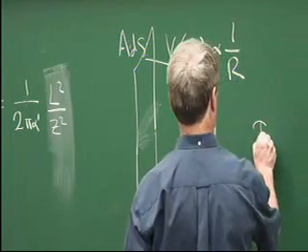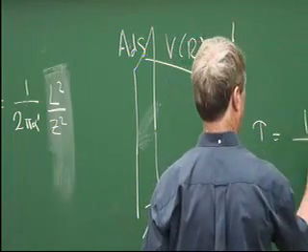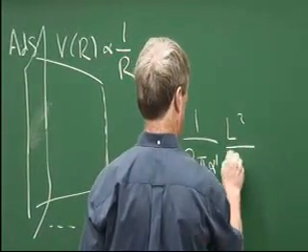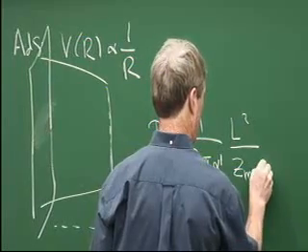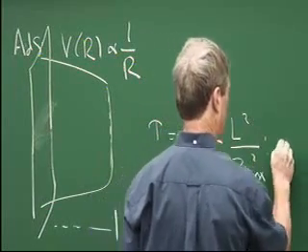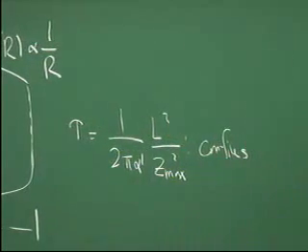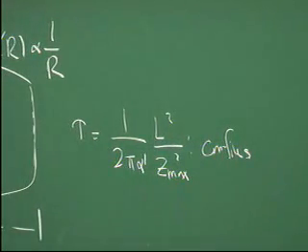And so the effective tension of the string is non-zero. It confines. And that's what happens with 3 masses.